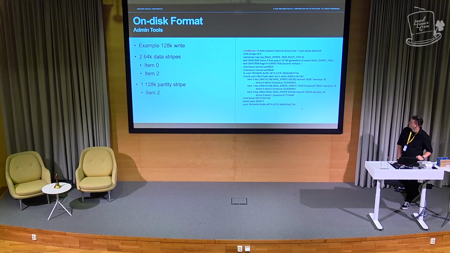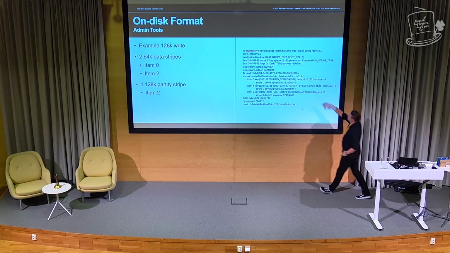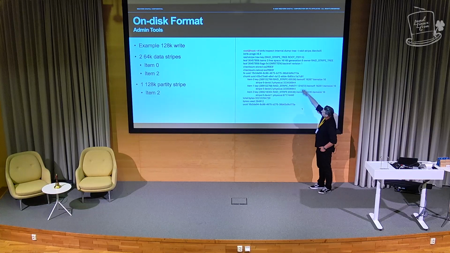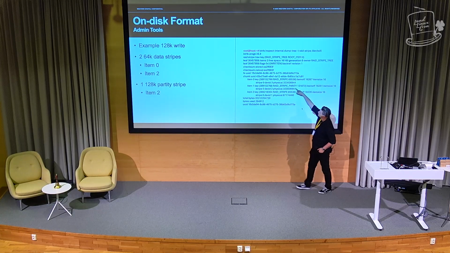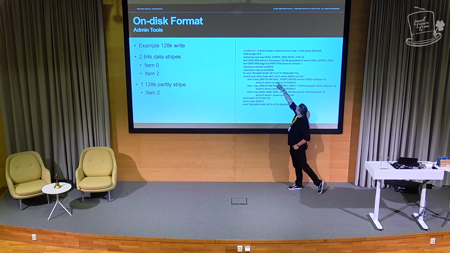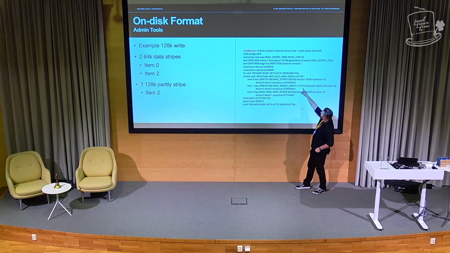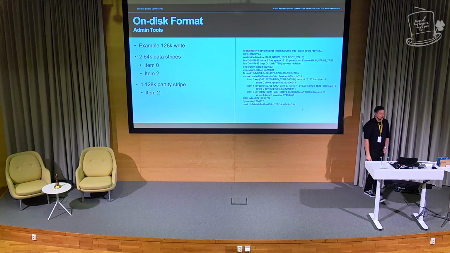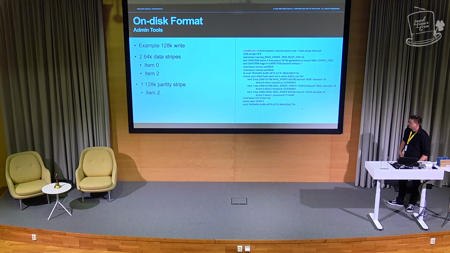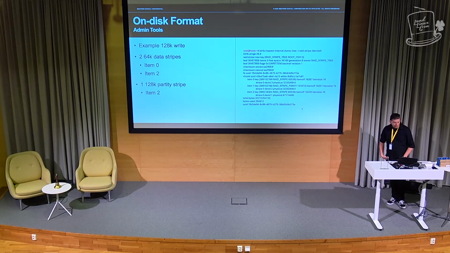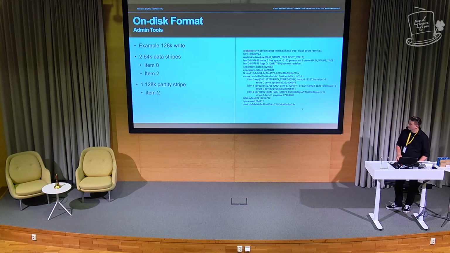Here's an example: your normal 2 data stripes, and there's the parity stripe. The data stripes are 64K. The parity stripe is 128K because it covers both of these 64K stripes. And for sub-stripe size writes, we can just zero pad it. So no big deal.